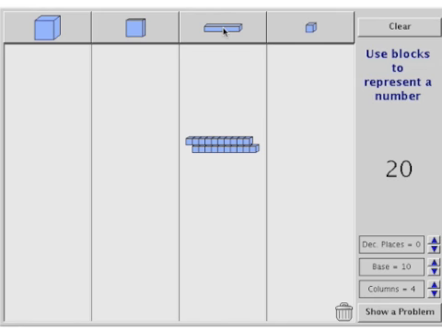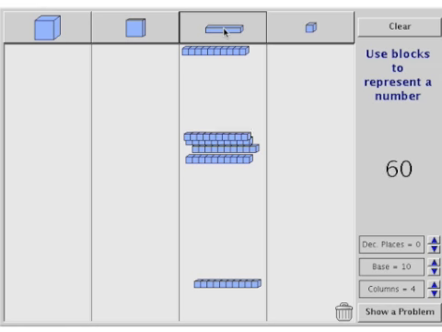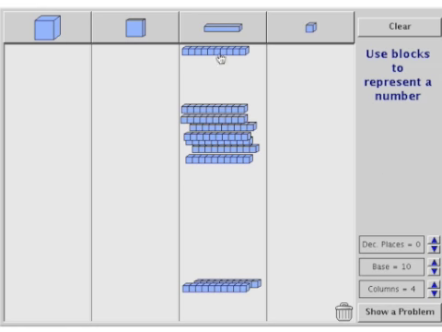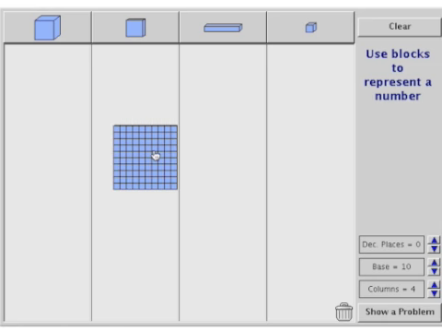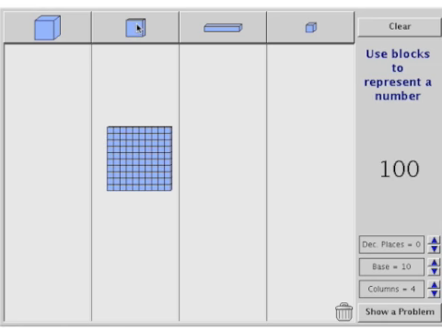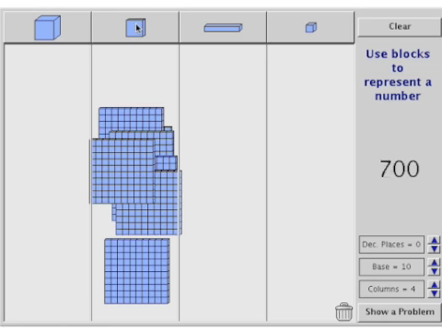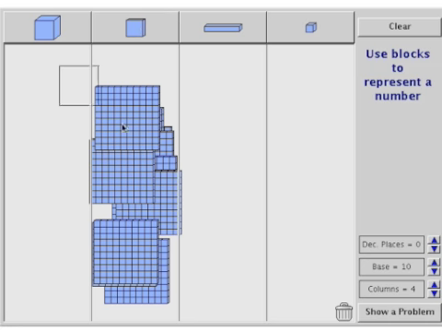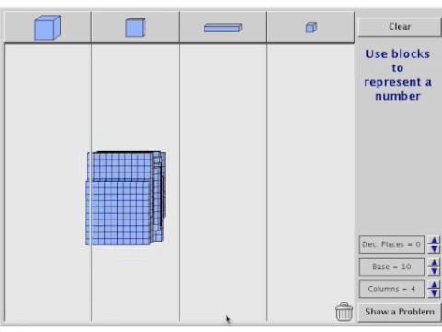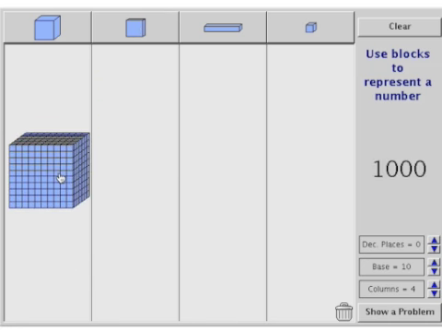And the same thing happens if we get 10 of those long blocks, so we're multiplying by 10, then again we can combine them together to make a flat block, which is 100, so a 10 with a 0 on the end. Same thing again, if we get 10 of those flat blocks, we can combine them into a 1000 block. So we've now got 3 zeros on the end of our 1. We've multiplied 1 by 10 3 times, and we've ended up with 1 with 3 zeros.